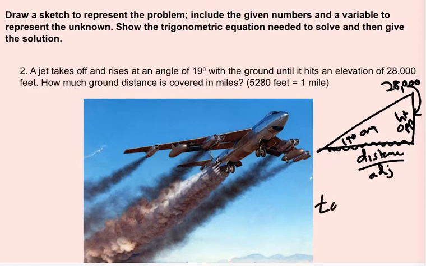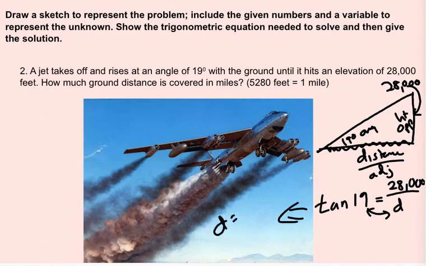All right, so what it's going to look like is this. The tangent of 19 is going to be equal to 28,000 over the distance. So if you remember what happens, these two switch places. So my distance becomes 28,000 over the tangent of 19, whatever that is. Put that into your calculator. Tangent of 19 degrees is going to be 0.3443.